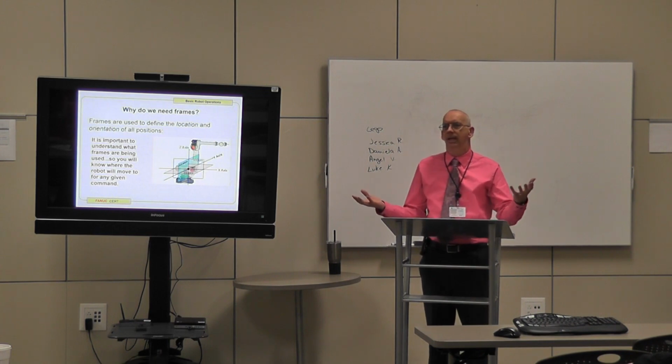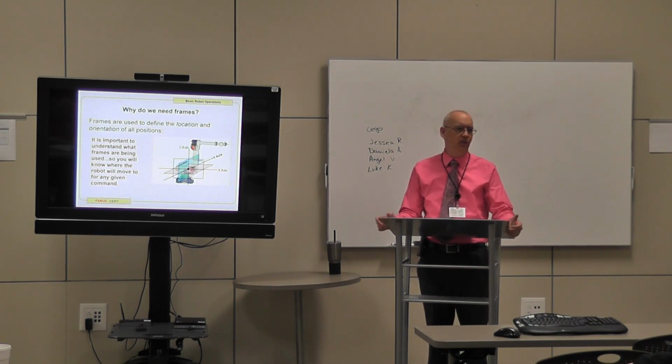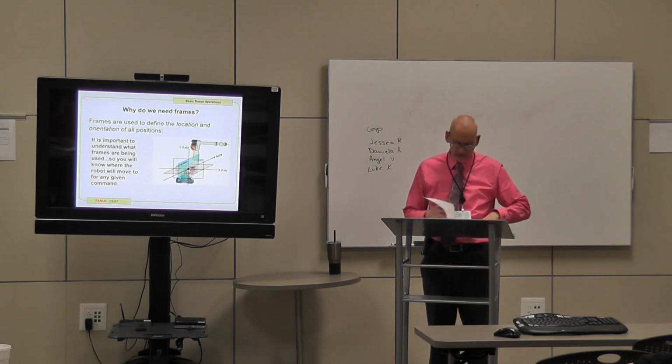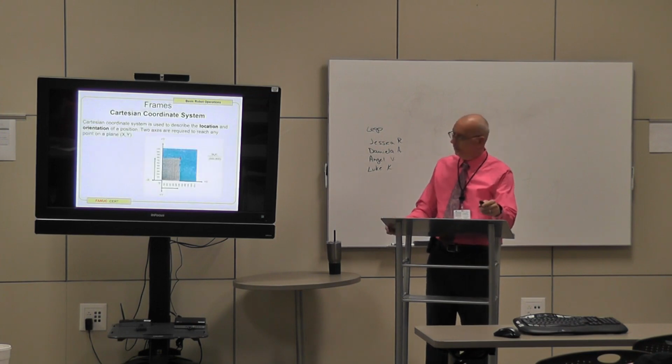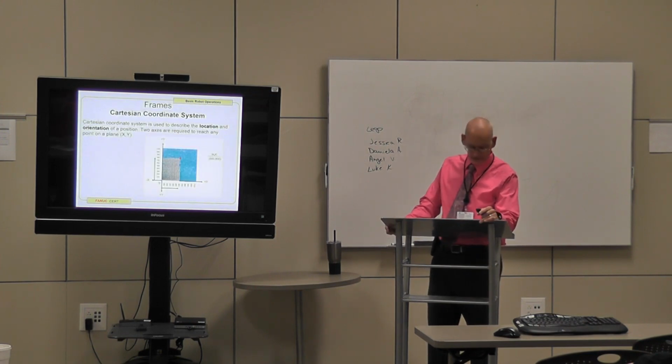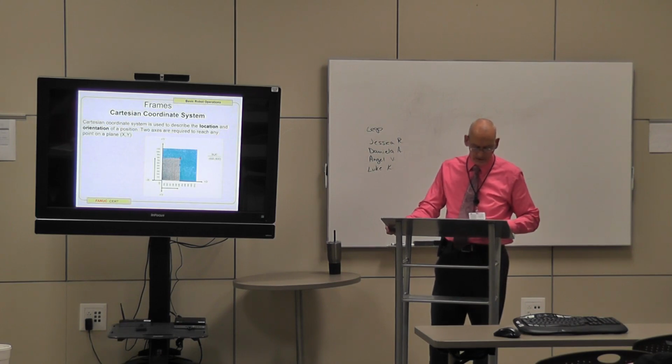The times that we've been in the lab, we have been working in world frame. Okay? And we're going to review world frame here and the Cartesian coordinate system. So the Cartesian coordinate system is used to describe the location and the orientation of a position.